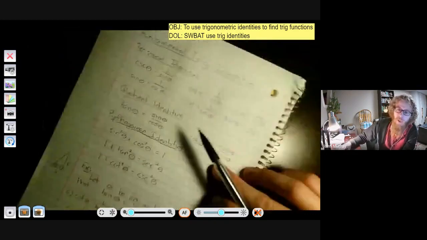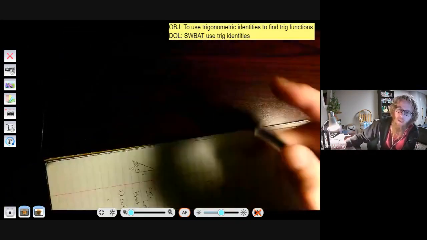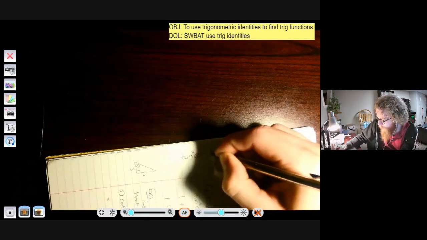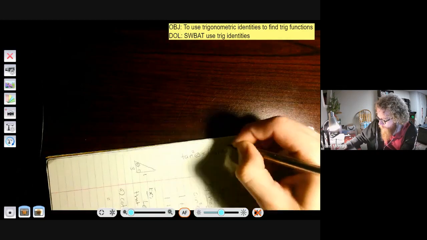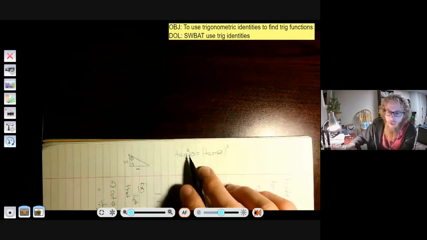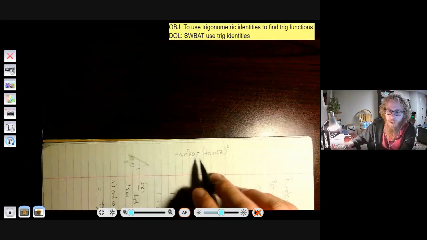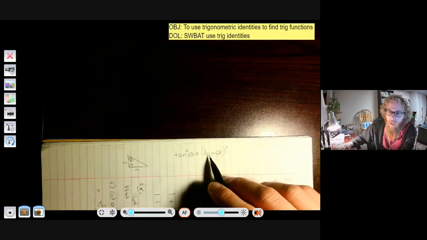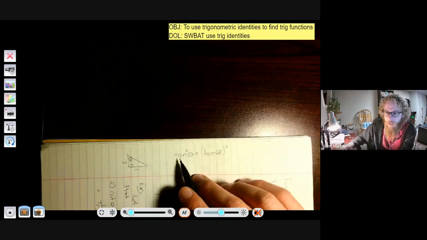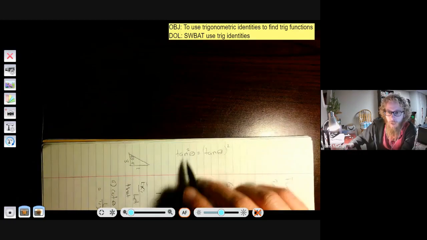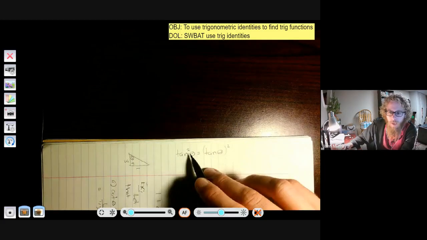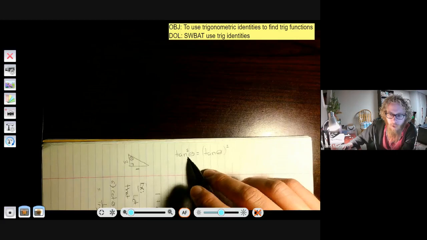Now, I'm not sure if I mentioned this before, but let me just add a side note. Saying a trig function squared of an angle is saying the same thing as that function of the angle, squared. So when you see a trig function with a square next to it, you can move it on the outside like this, but it's neater and quicker for mathematicians to write it like this.